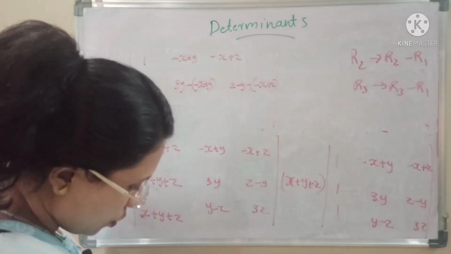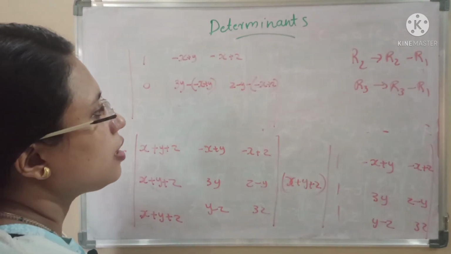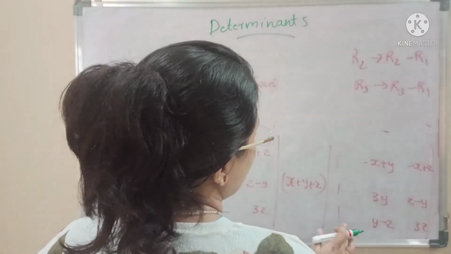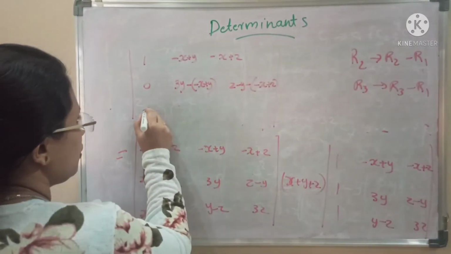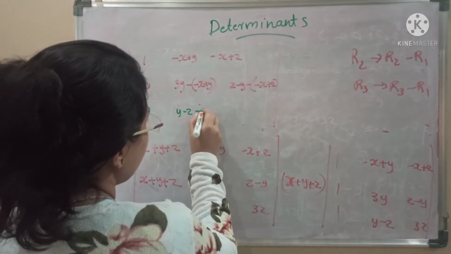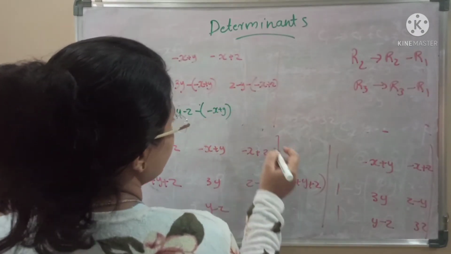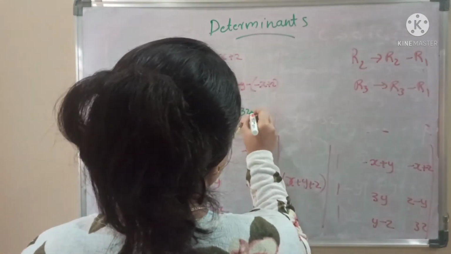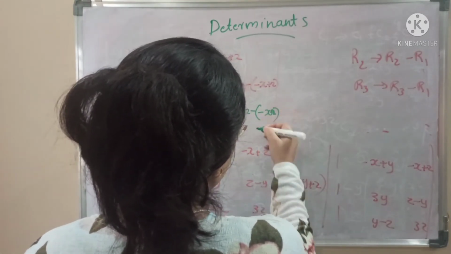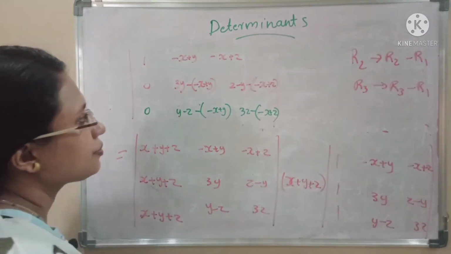Okay, so similarly R3 as R3 minus R1, so 1 minus 1, 0, and y minus z minus of minus x plus y, then 3z minus of minus x plus z, right, plus z.